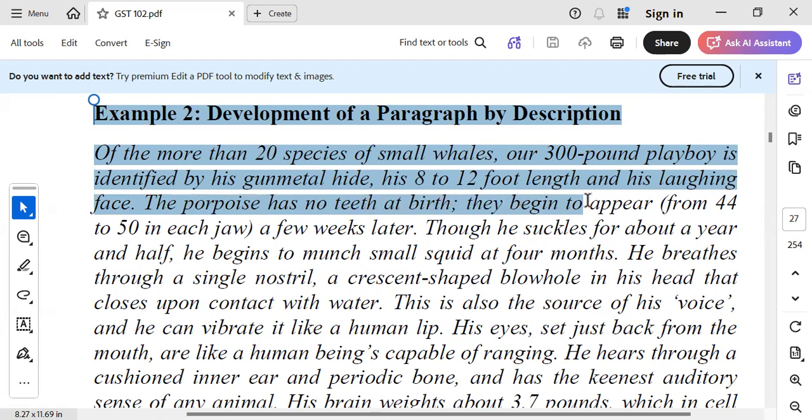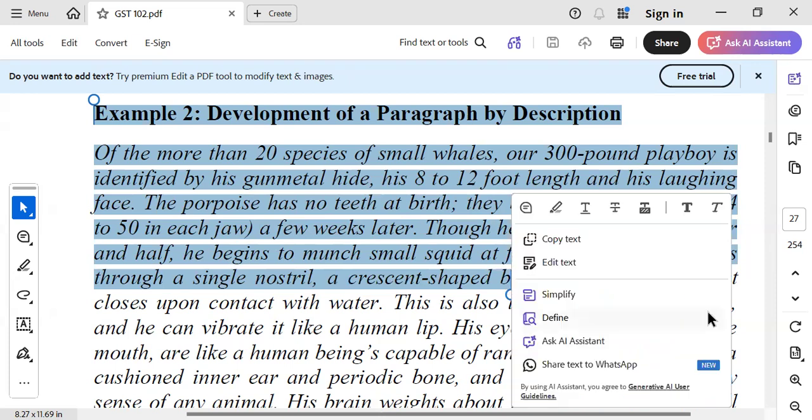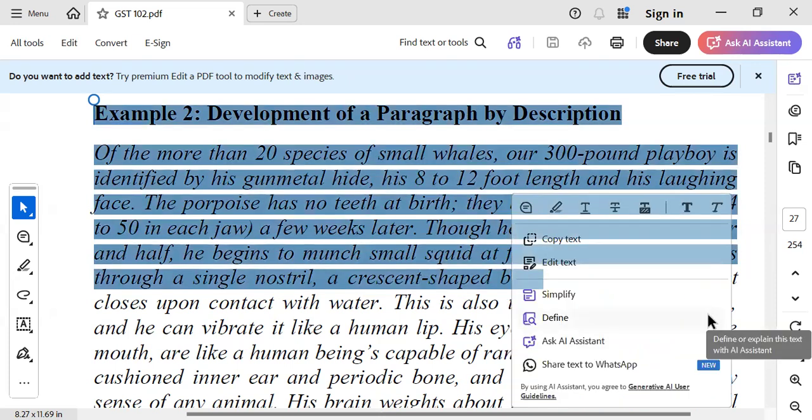They begin to appear, 44 to 50 in each jaw, a few weeks later. Though it suckles for about a year and a half, it begins to munch small squid at 4 months. It breathes through a single nostril, a crescent-shaped blowhole in its head that closes upon contact with water.